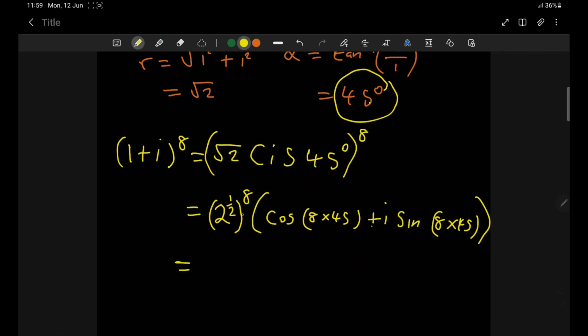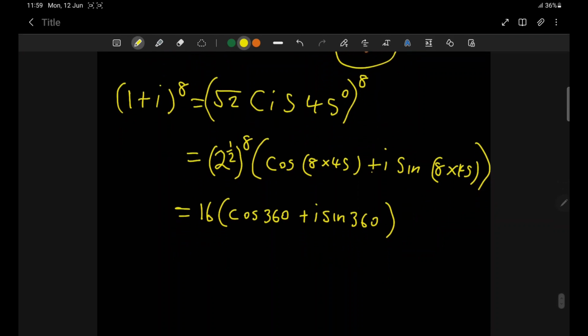So half of 8 is 4, so 2 raised to 4 is 16. So we have 16 here. Then we have 45 by 8, giving us 360. So we're having cos 360 plus i sine 360.